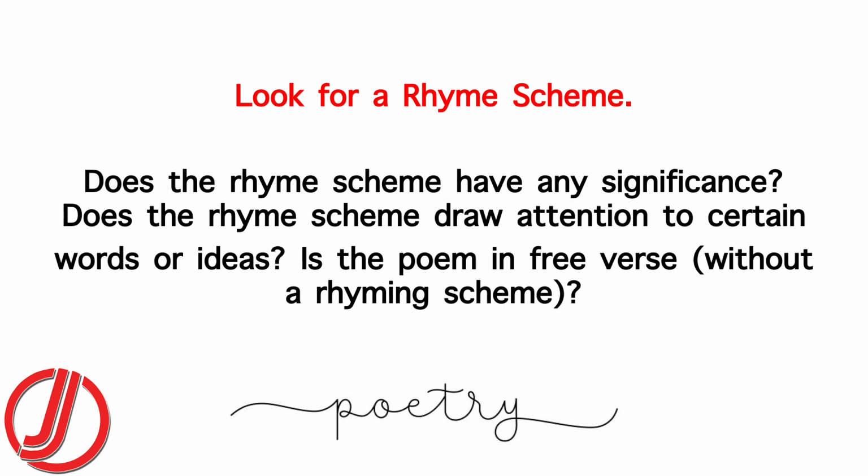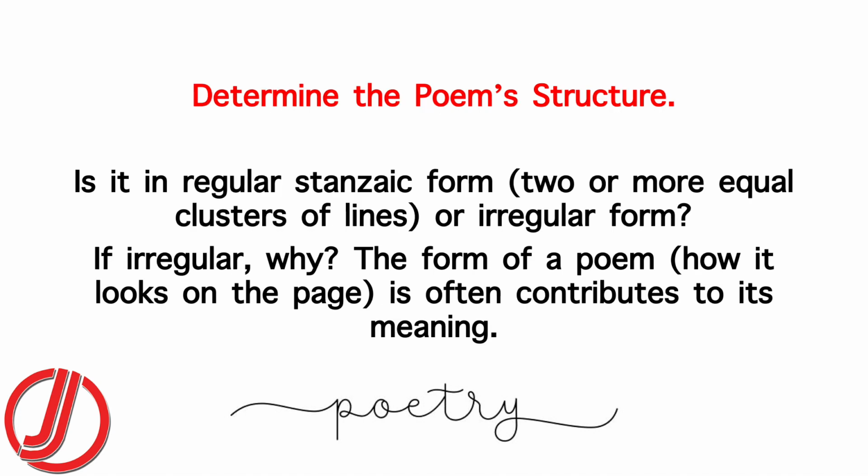If line 1 is rhyming with line 3 and line 2 with line 4, then it is A B A B. If the first two lines are rhyming and the next two lines are rhyming, then it is A A B B. So you can easily detect the rhyme scheme, or if there is no rhyming, you can assess that it may be free verse.